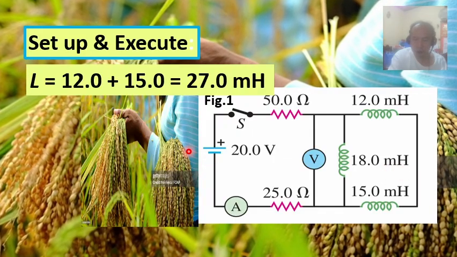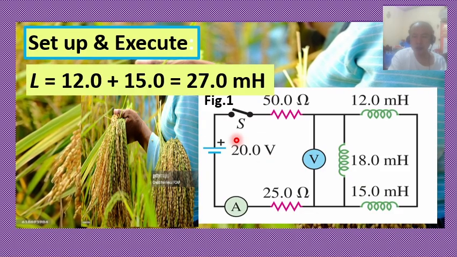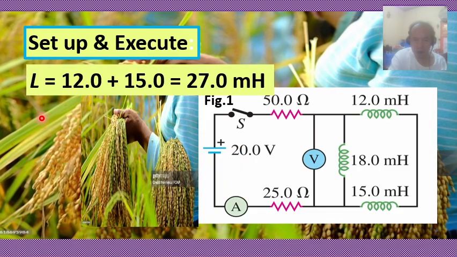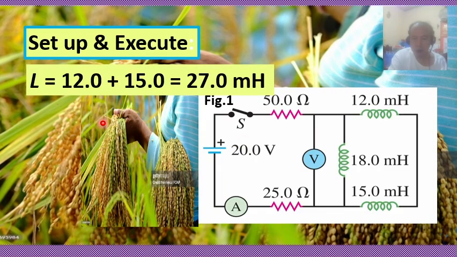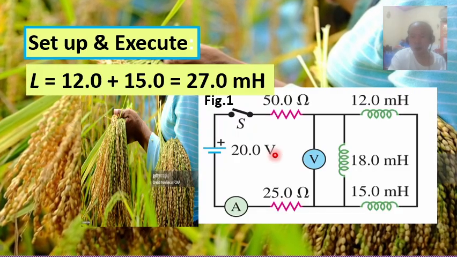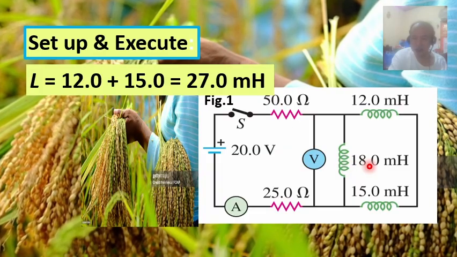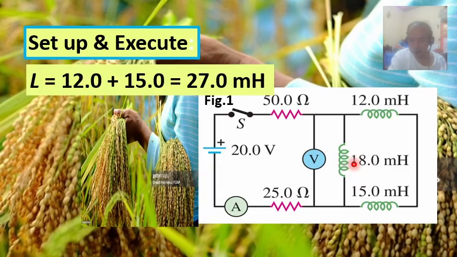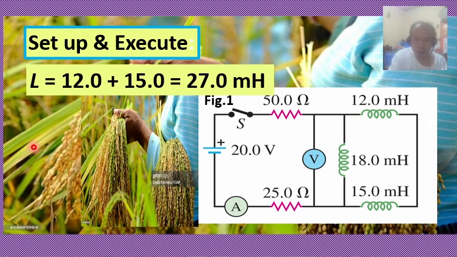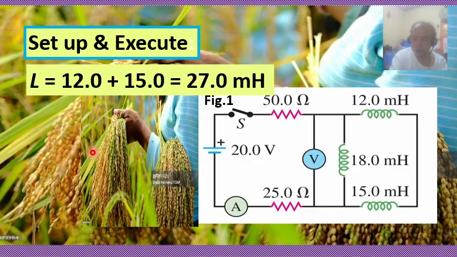So in getting the combination of two inductors that are parallel, we get the total by applying the reciprocal formula, just like the way we determine the total resistance for resistors in parallel. Again, for simplicity, we're going to use the product over sum formula.